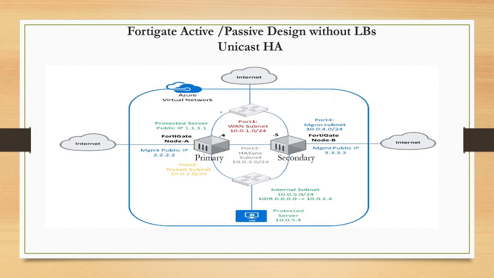In this design, one FortiGate firewall will act as the primary node and the other FortiGate firewall will act as the secondary node. If any traffic would like to go to the internet, the primary firewall will be responsible for forwarding the traffic. HA configuration will be synchronized via port 3, which will act as the HA port and heartbeat port. Let me tell you one more important point regarding the HA.